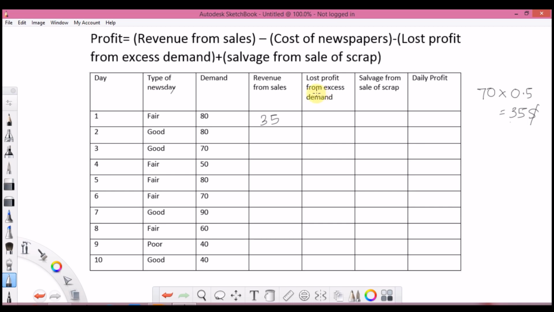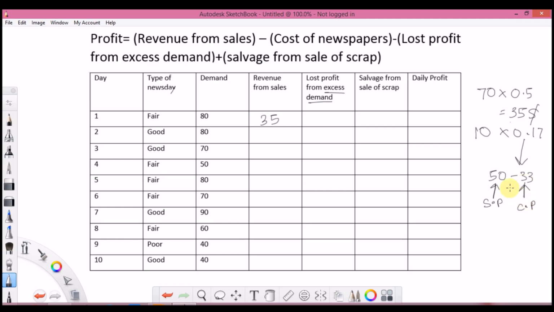Lost profit from excess demand. This is excess demand: demand was 80, but I had only 70 newspapers to give. So that would be 80 minus 70, which is 10, into the extra profit I could have earned, 0.17. How do I get 0.17? It is 50 minus 33. 50 is the selling price at which I sell the newspaper, and 33 is the cost price.